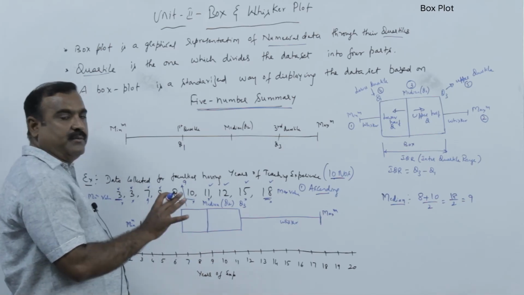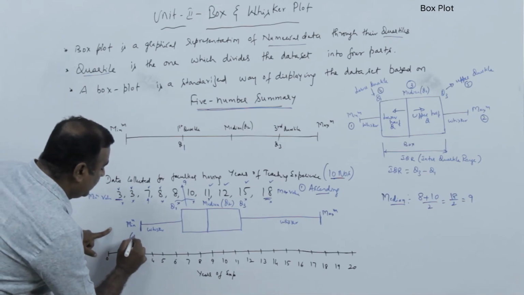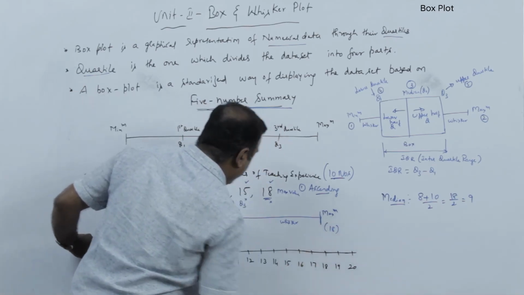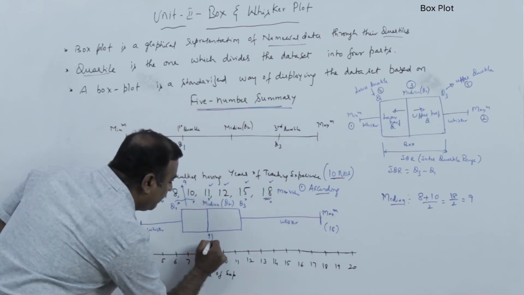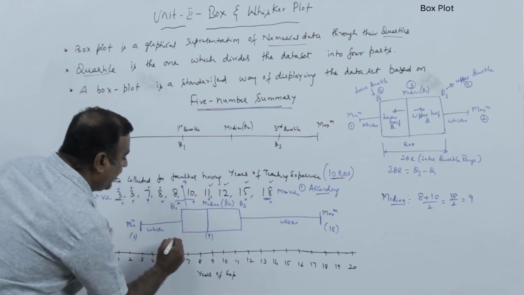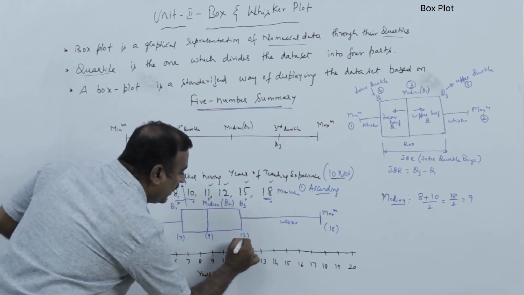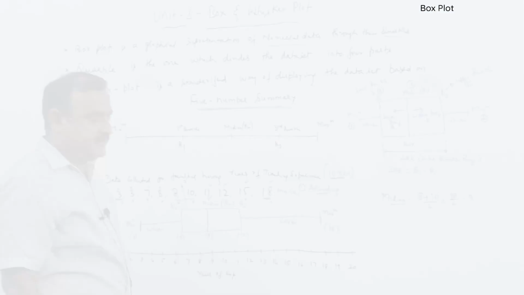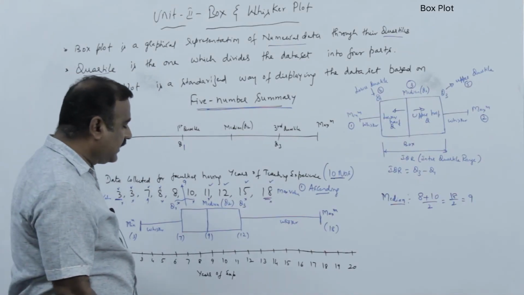We have divided it into the five number summary: the minimum value is 3, the maximum value is 18, the median value is 9, the first quartile is 7, and Q3 is 12. So we have drawn the box and whisker plot for the given data.